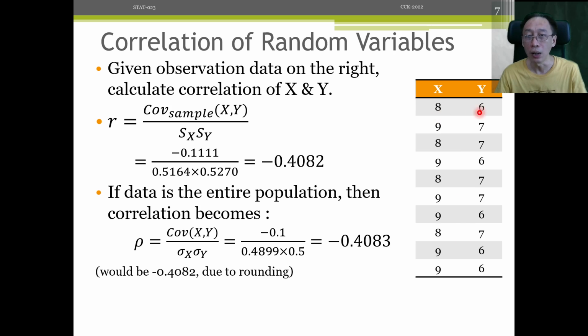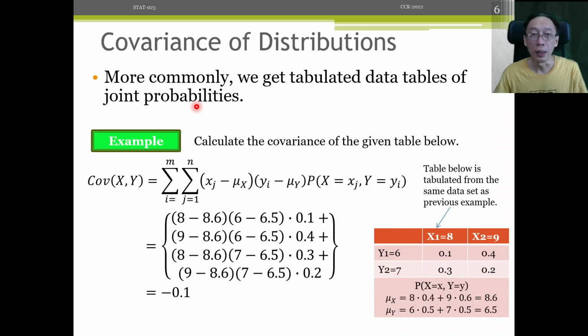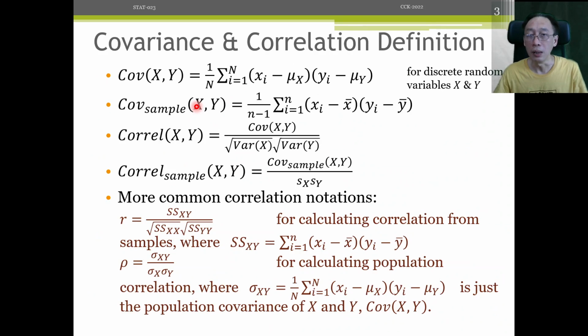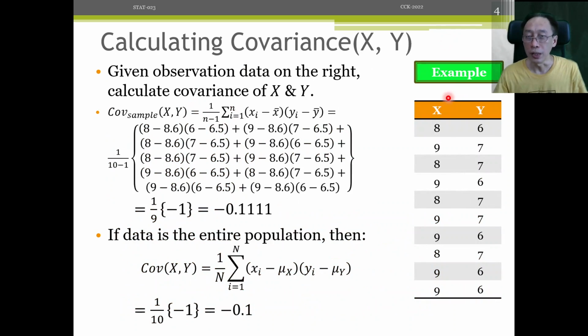They are explicitly listed in the sense that duplicate pairs like 9797 or 9696 are allowed; if the pair of measurements repeat, then they repeat. So let's flip back a few slides to look at our sample covariance of x and y calculations based on the same set of data.